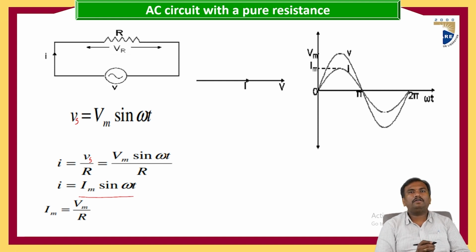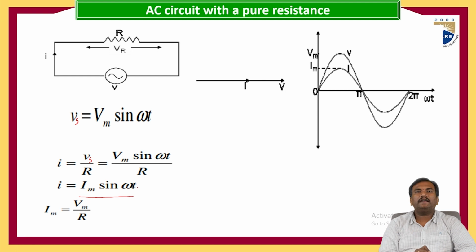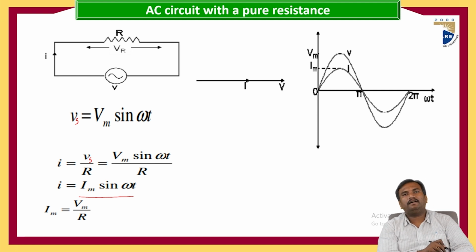Here we are not going to get any phase angle difference, omega t, omega t. There is no phase angle difference. So we can say that voltage and current for a particular resistance in AC are in phase with each other.